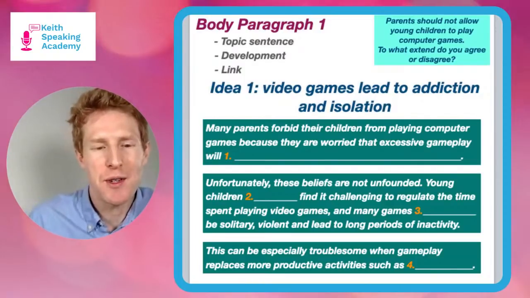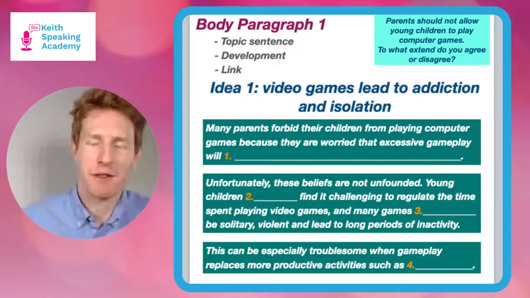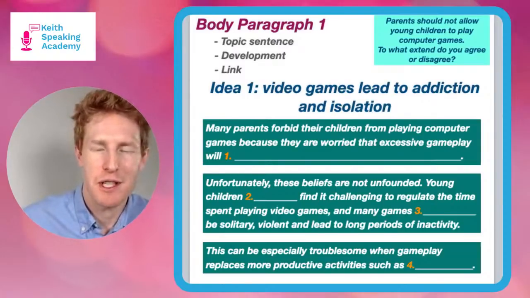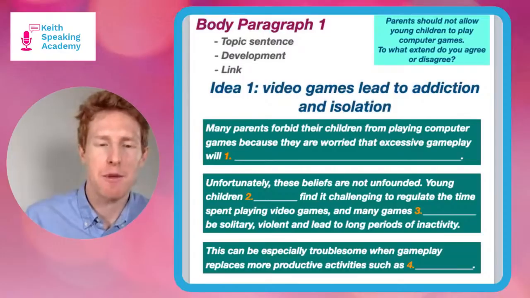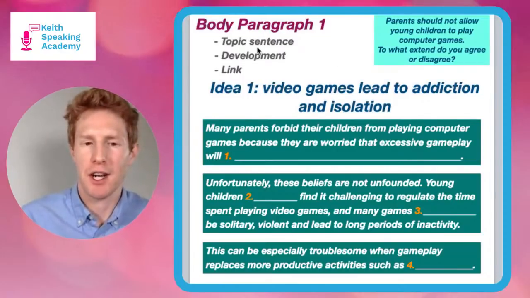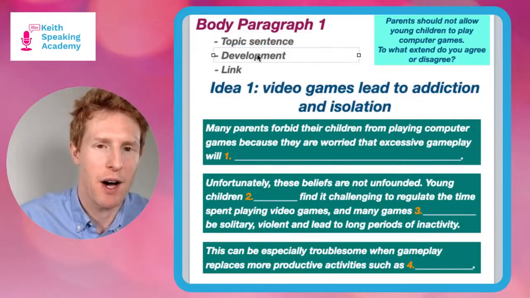When we talk about a body paragraph in IELTS, ideally we're looking for 3 things. We're looking for a topic sentence, we're looking for a development where we elaborate on our idea, and then we're looking for a link where we have any concluding remarks about our idea.